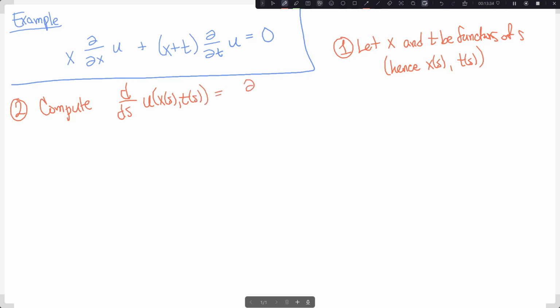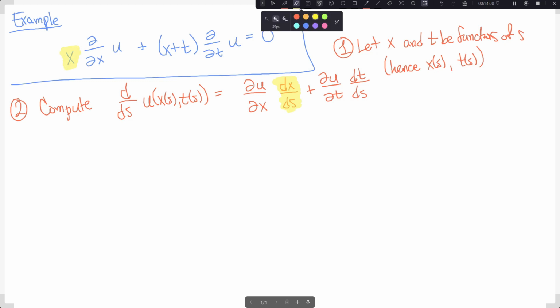And we're always going to recover partial u partial x dx/ds plus partial u partial t dt/ds. We will always recover that in step 2. Step 3, we look back to our original equation and ask ourselves, oh, what were the multipliers of these particular terms in the original equation? And there they are.